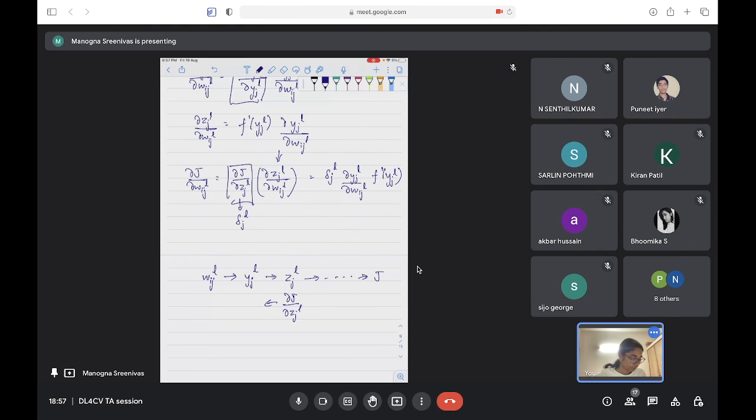So I do ∂Zj of L by ∂Yj of L, then ∂Yj of L by ∂Wij of L. So this is the sequence of steps. This is how I backpropagate my error.